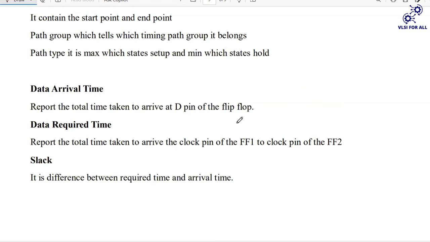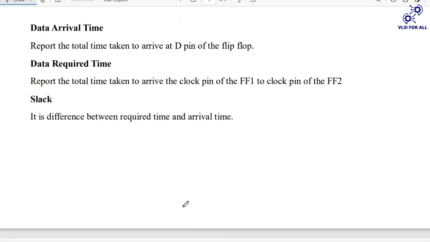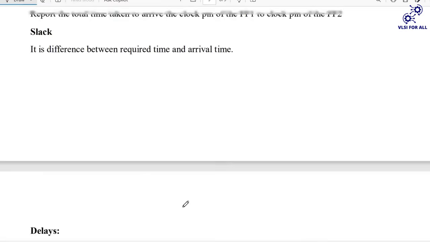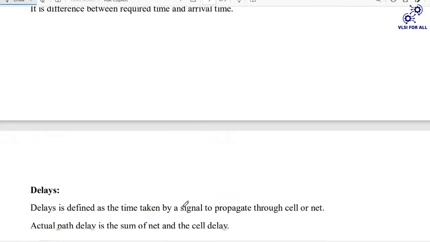Data required time reports the total time taken from the clock pin of the first flip flop to the clock pin of the other flip flop. Slack is the difference between the required time and the arrival time. Setup slack and hold slack will come.